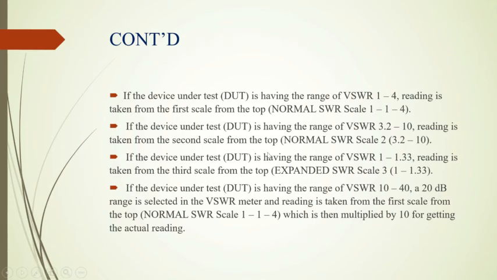And if the device under test has a VSWR range of 10 to 40, a 20 decibel range is selected in the VSWR meter, and the reading is taken from the first scale from the top, which is then multiplied by 10 to get the actual reading. And remember, the first scale was from 1 to 4.